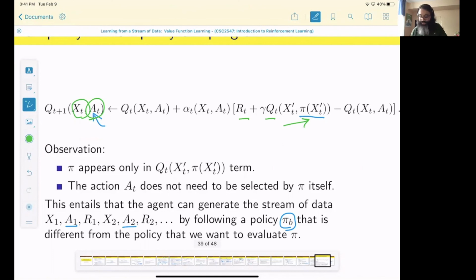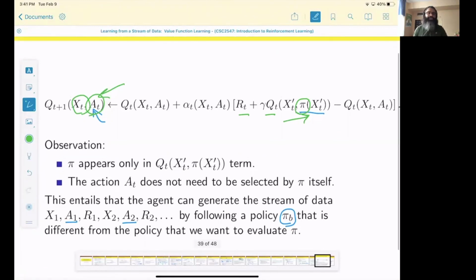But the way this action is selected is not necessarily by this policy pi. It can be selected by any other policy. So for any action we have here, no matter how it is selected, we can define the action value function and have an update similar to this one.